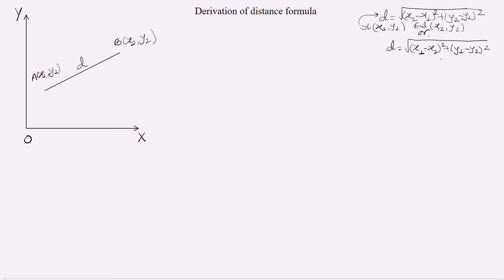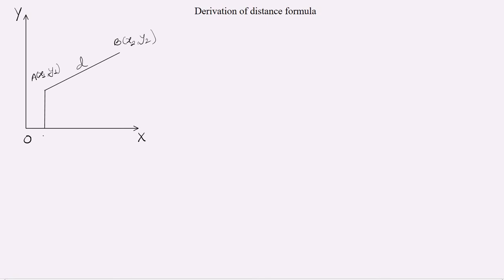And this D equals under root (x1 minus x2) whole square plus (y1 minus y2) whole square is for the line segment whose starting point is x2, y2 and ending point is x1, y1. That means the formula is written on the basis of which points you suppose as the initial point and the terminal point.